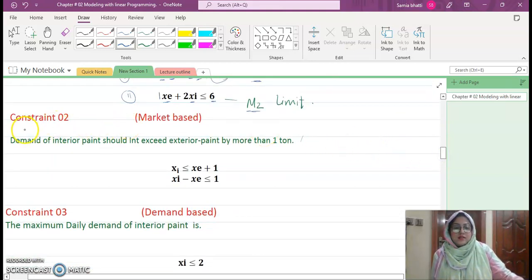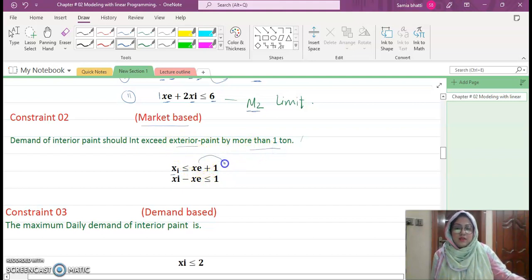Now we have to make another equation on behalf of constraint number 2, which is based on the market. So the demand of interior paint should not exceed exterior paint by more than 1 ton. So we can write this as xi less than or equal to xe plus 1, because they say exterior paint more than 1 ton.